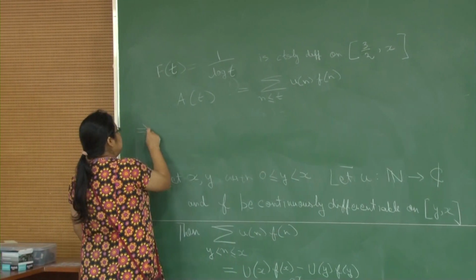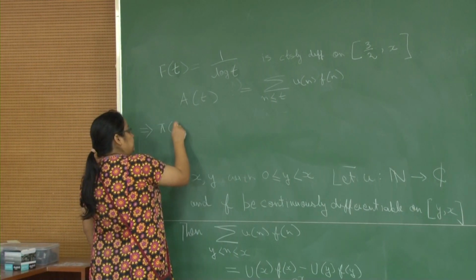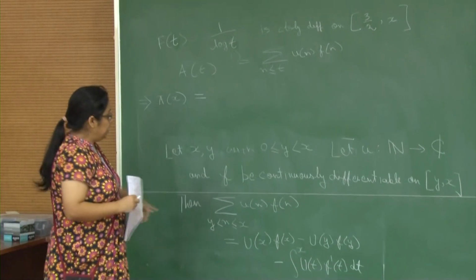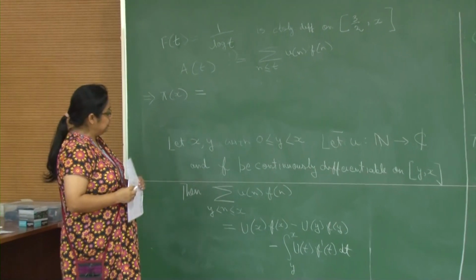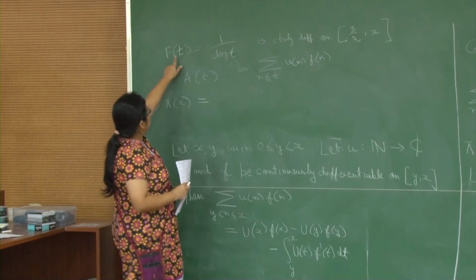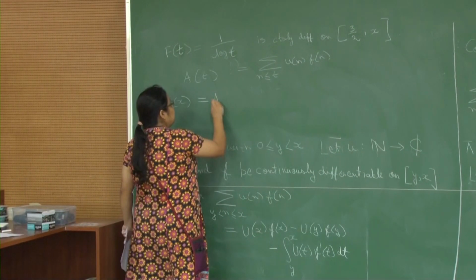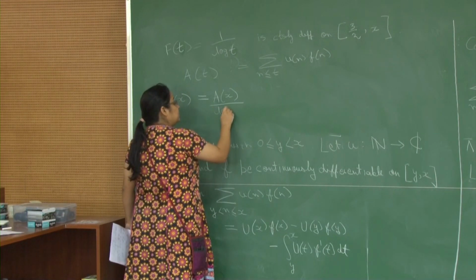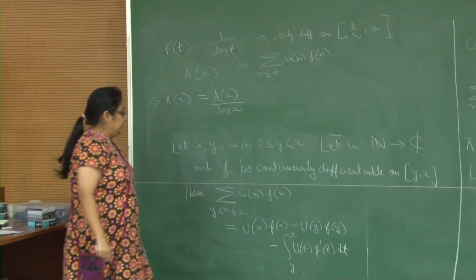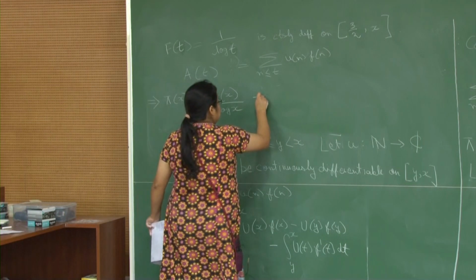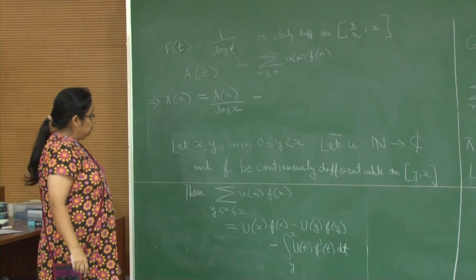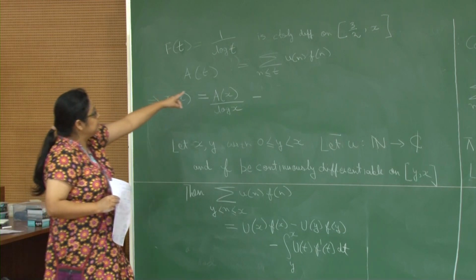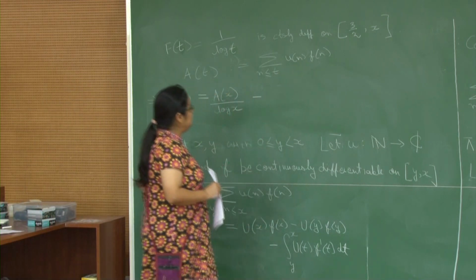So, this tells us that pi of x is equal to capital A of x times capital F of x, which is 1 by log x, minus capital U of y. Here our capital U is actually capital A, since this is the arithmetic sequence that we are taking.